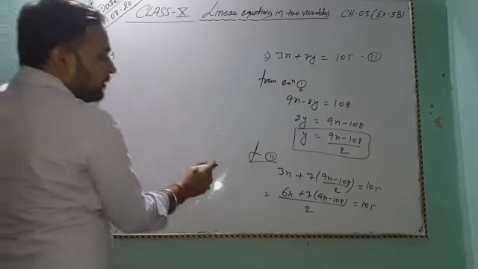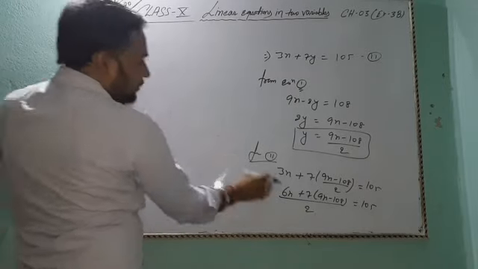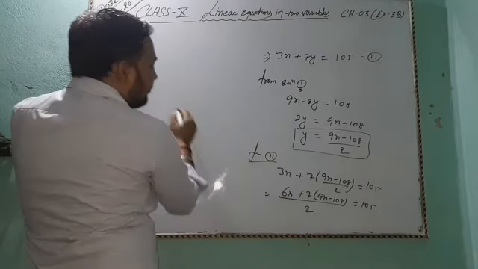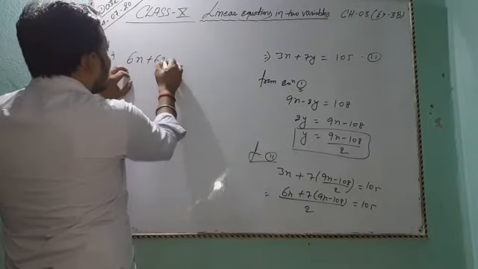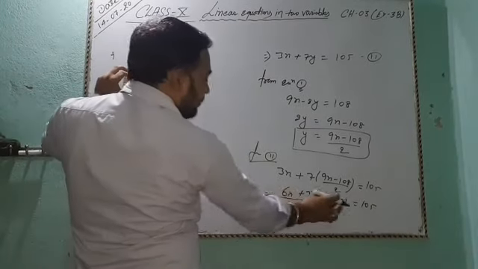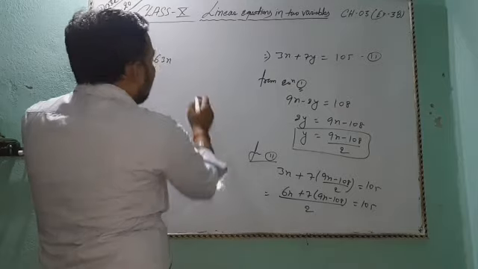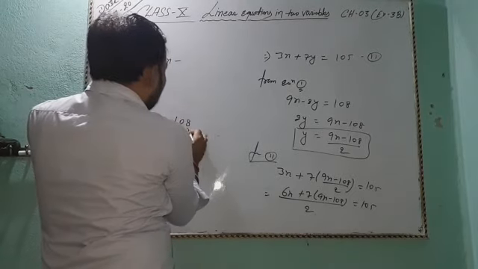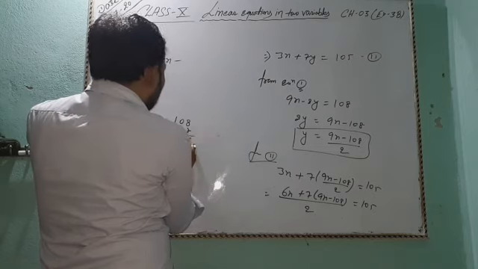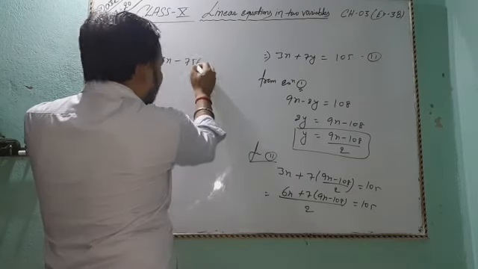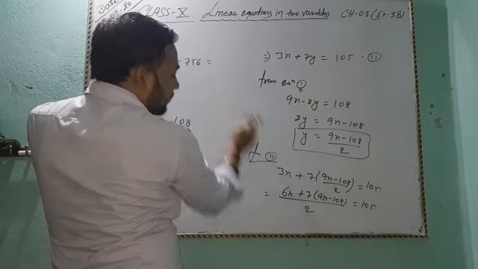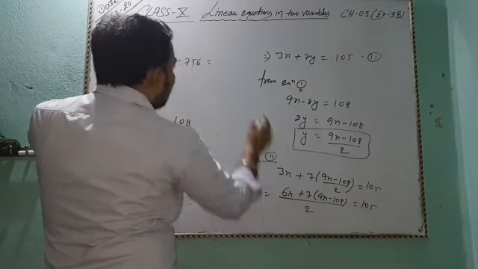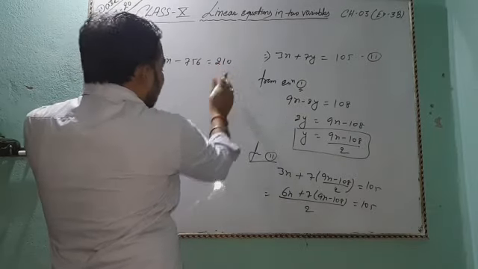This implies 6x plus 7 nines are 63x and 7 multiplied by 108, minus 756, equal to, by cross multiplication, 105 multiplied by 2 is 210.